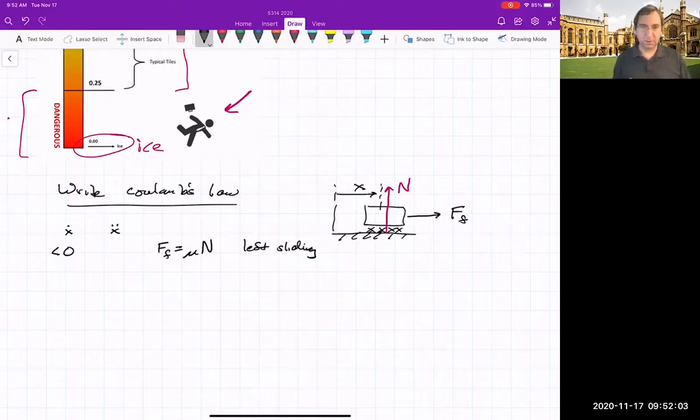The direction for this would be positive, right? If x dot is greater than 0, so that means we're sliding to the right, then it doesn't matter what x double dot is, this will change signs and we'll have negative mu N. That means it's resisting the right sliding by being the other way.